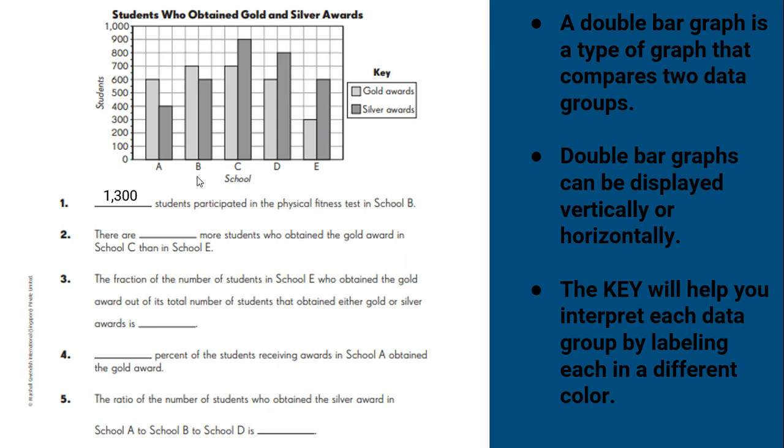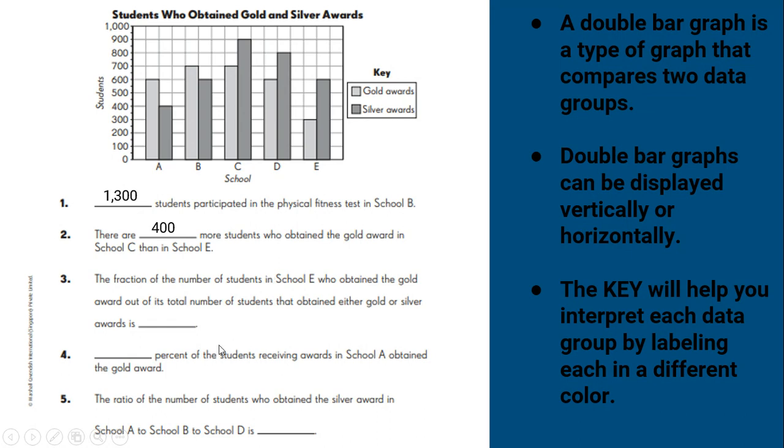Question 2, there are blank more students who obtain the gold award in school C than in school E. So now we're just looking at the gold award in C and E. So 700 students in school C won the gold award compared to 300 in school E. So that would mean there were 400 more students.